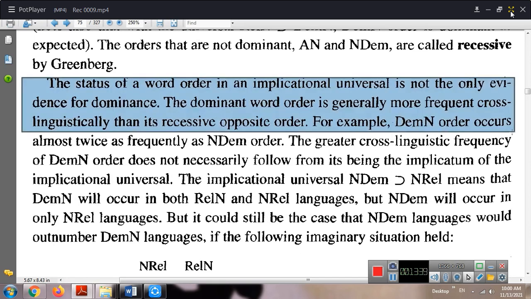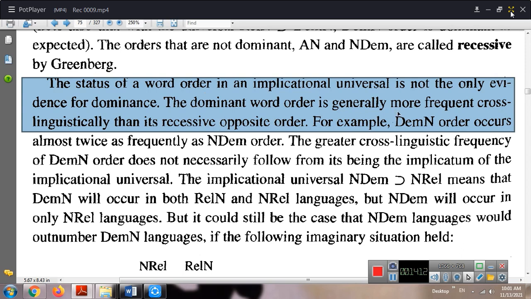I try to repeat it again. The dominant word order is generally more frequent cross-linguistically than its recessive opposite order. Okay. One of the features of dominant elements is that they are frequent, they are more common than recessive ones.